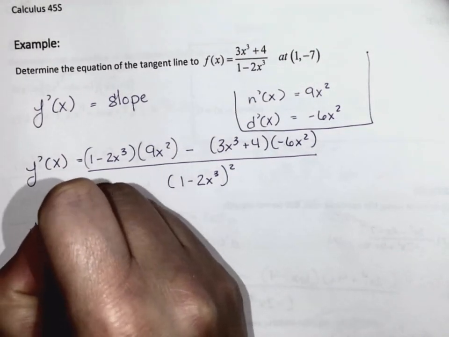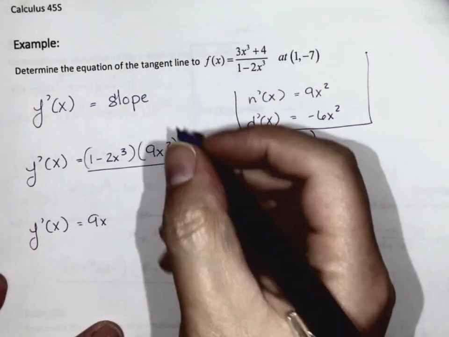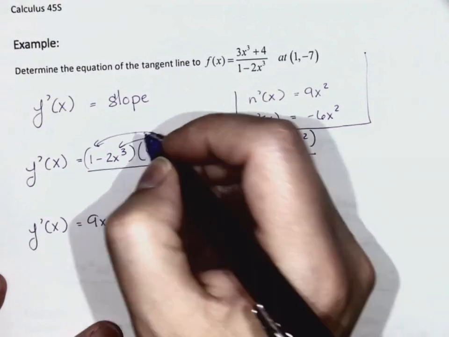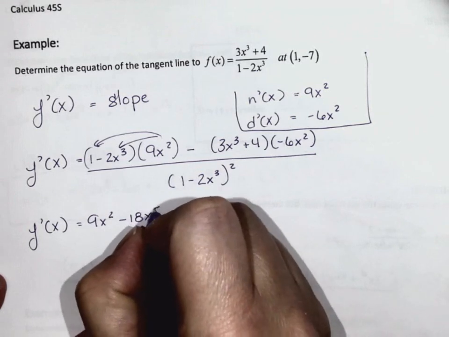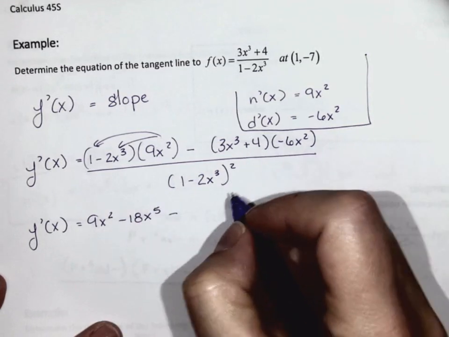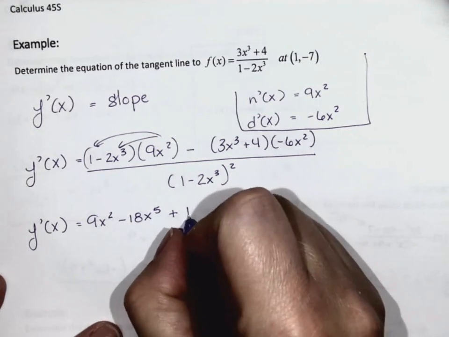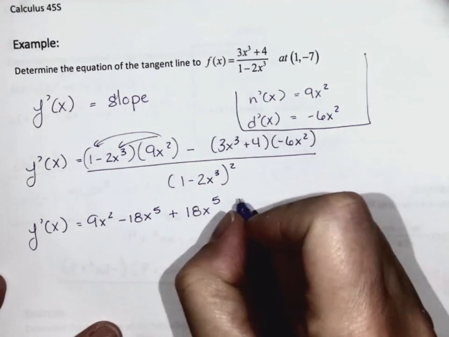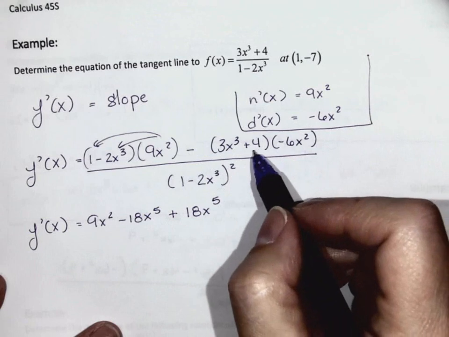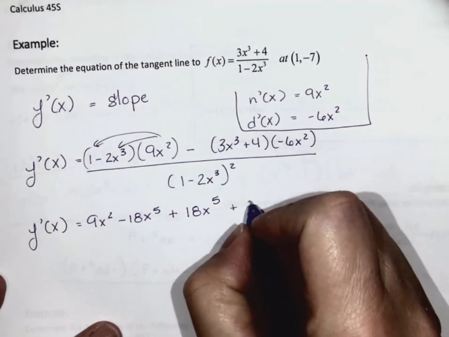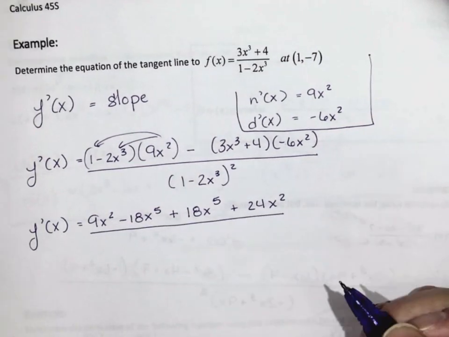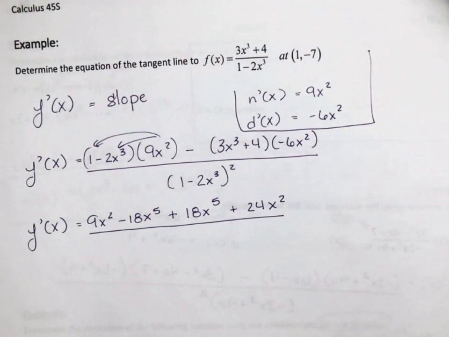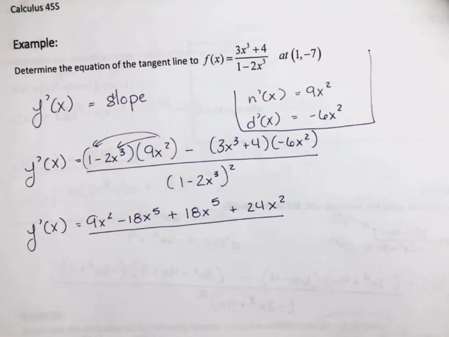I'm going to go ahead and simplify. You guys do not have to do this. All I'm doing is multiplying things together. 9x squared minus 18x to the x minus 5, subtract, we're going to add, it's my numerator, nice and easy. My denominator, I'm going to have to expand into two binomials.